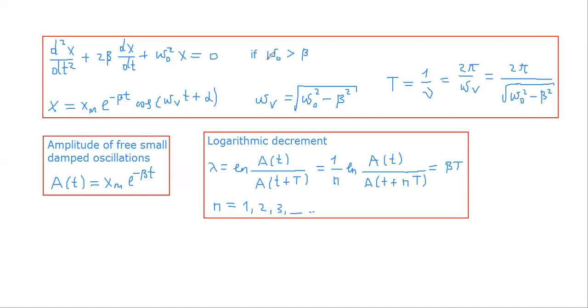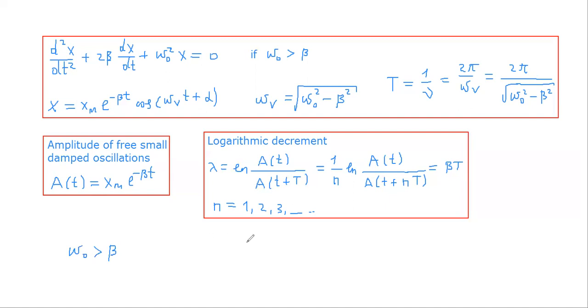We have learned the case when omega 0 is bigger than beta, when the natural frequency is more than the damping coefficient.